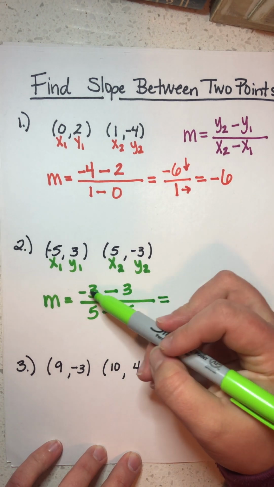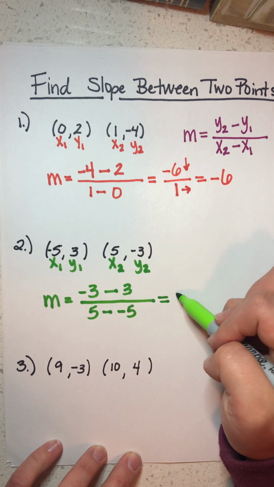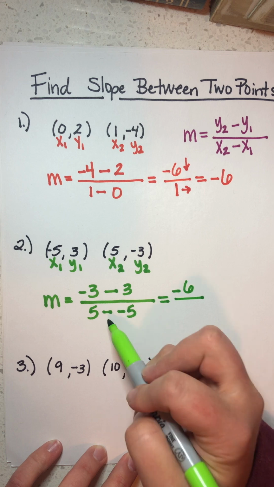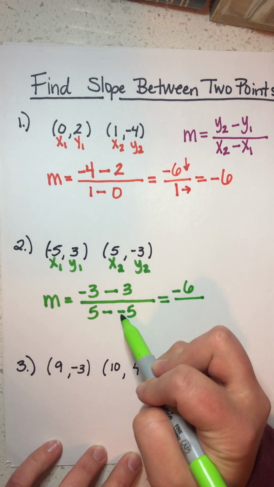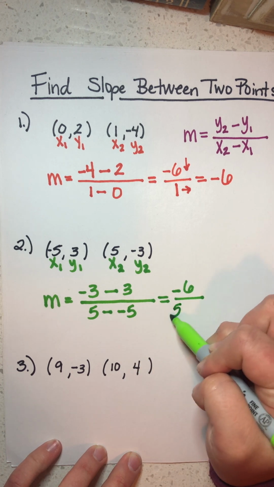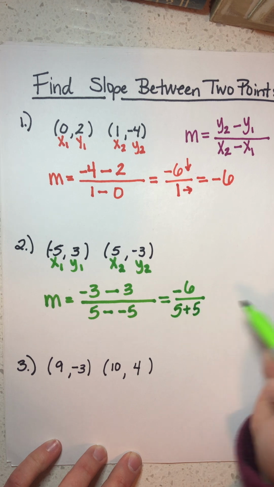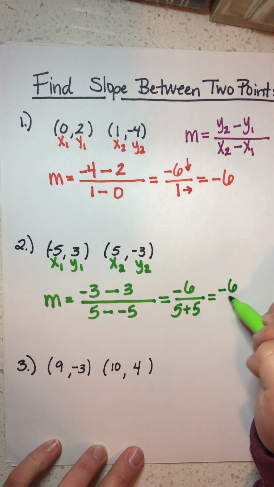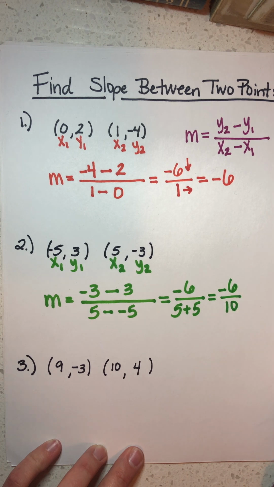On the top, -3 minus 3 is -6. And then down here, a negative times a negative changes this to be positive. So you actually have 5 plus 5 in the bottom. So we get -6 over 10. Technically that's the slope, but we should simplify our fractions.